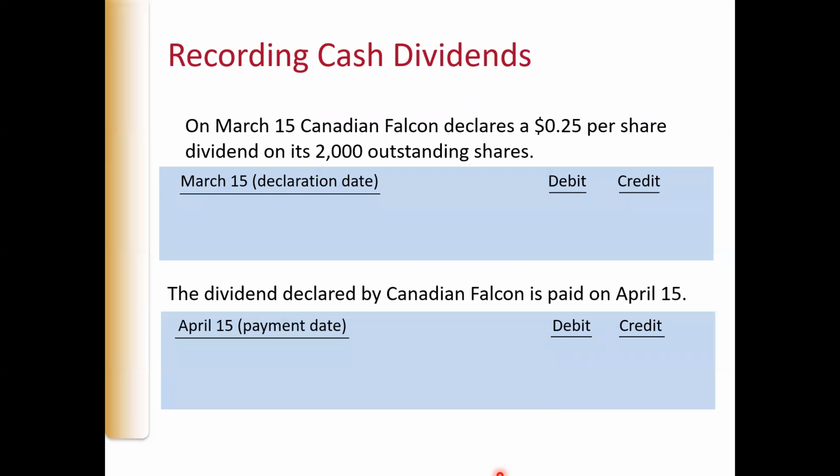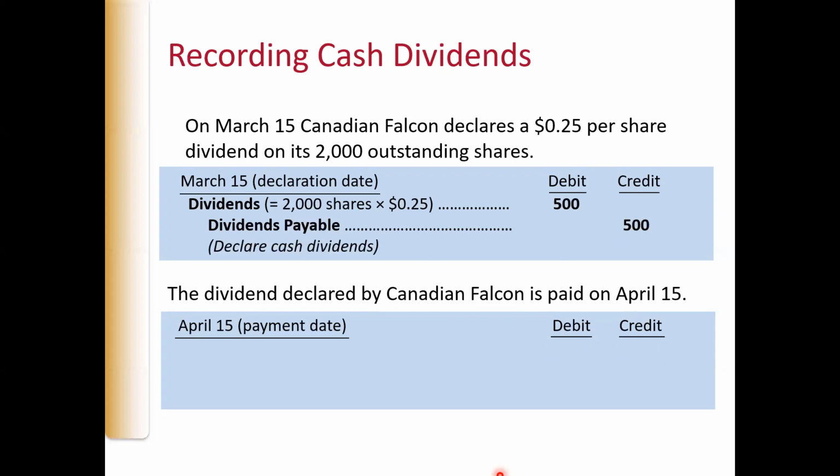On March 15th, Canadian Falcon declares a 25-cent per share dividend on its 2,000 outstanding shares. It's at that time we debit our dividends and we credit what we call dividends payable.